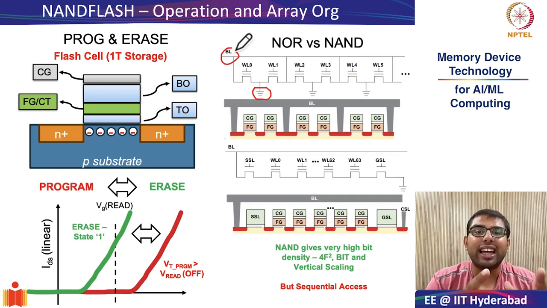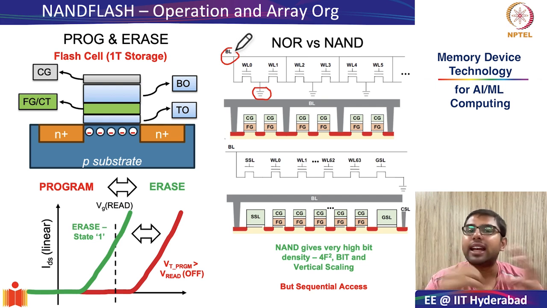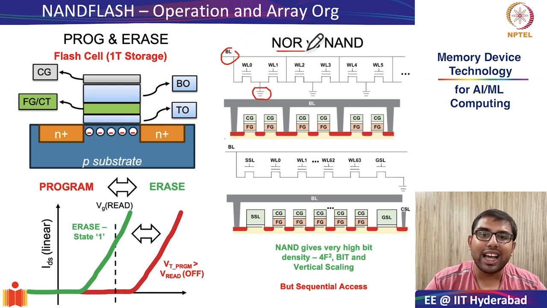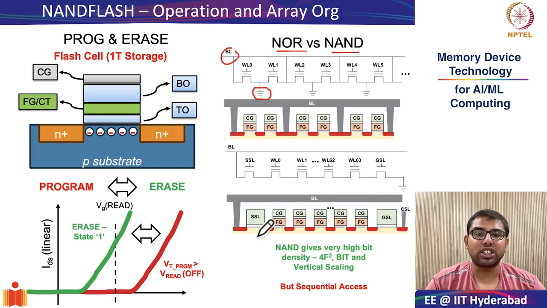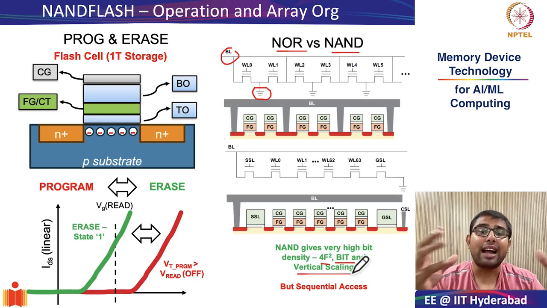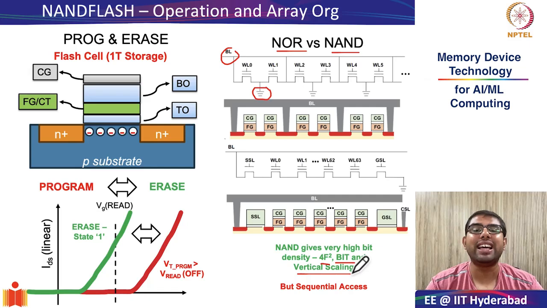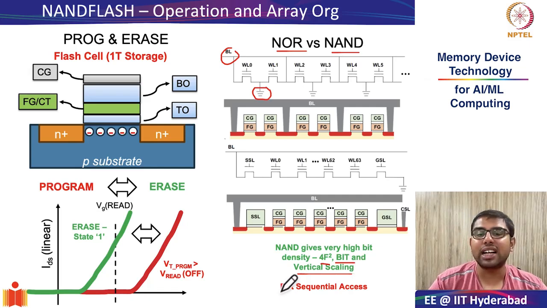This resulted in a large area per cell of 10F squared for NOR. Whereas the NAND, by the virtue that it had sequential architecture, the cell size was limited only to 4F squared. This was further improved using bit scaling and vertical 3D scaling. So, NAND flash gives you very high bit density, but it comes at the cost of sequential access.